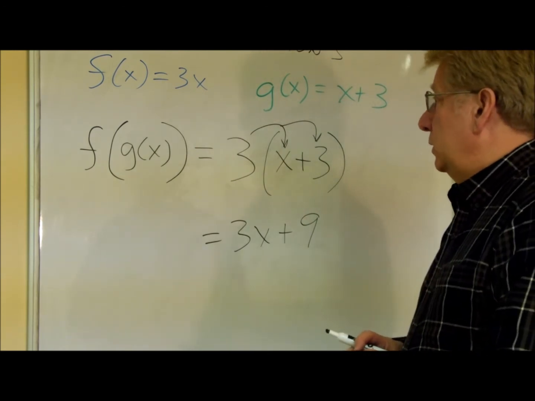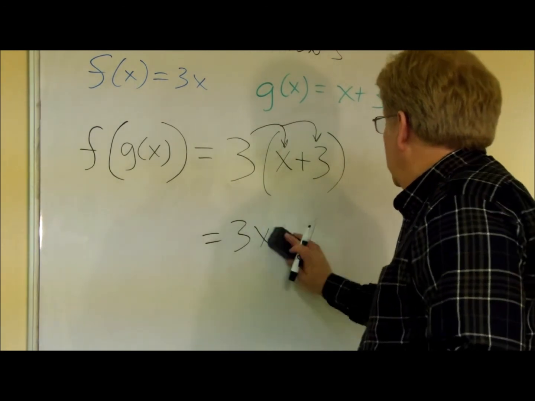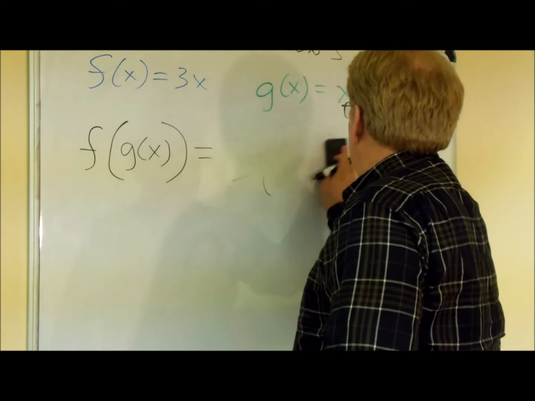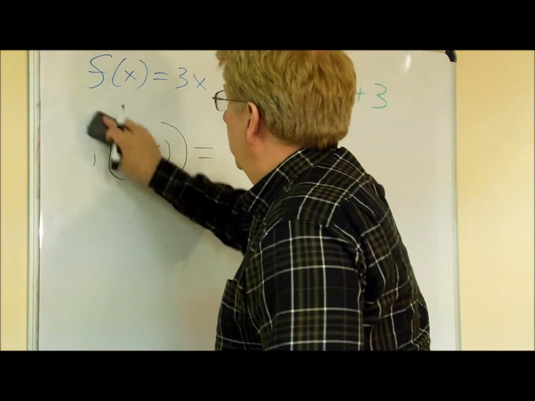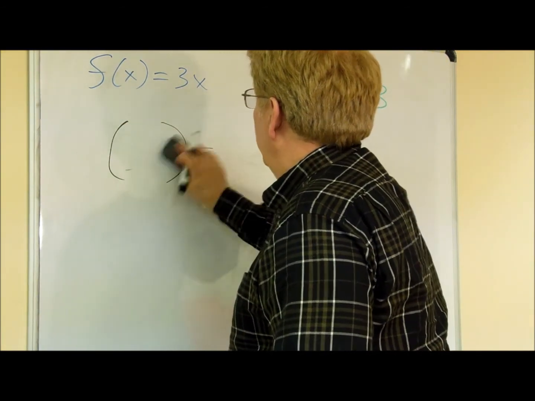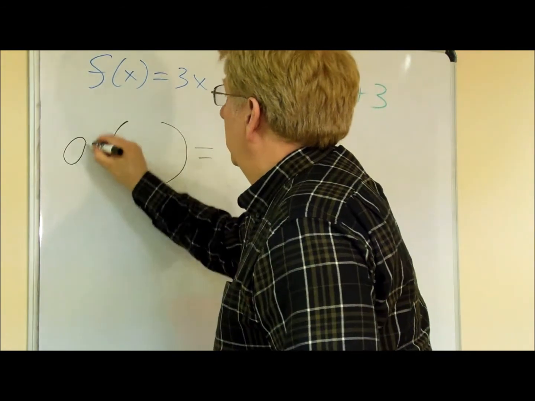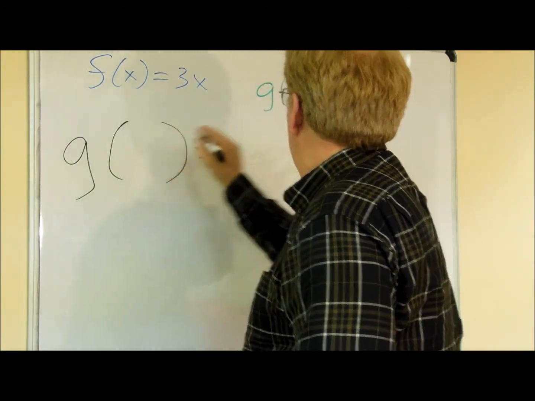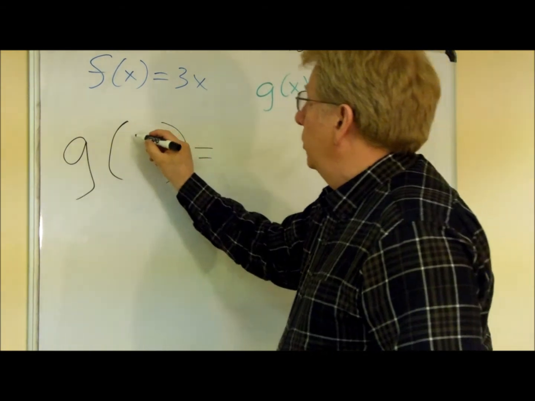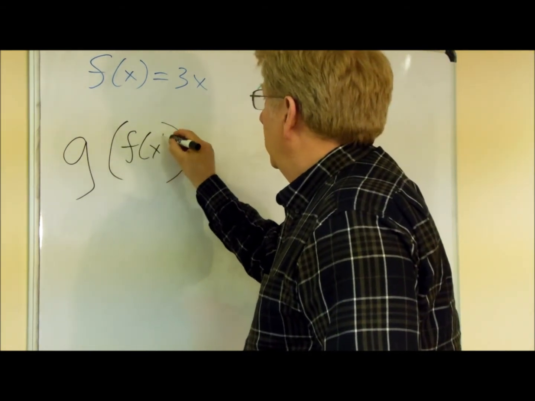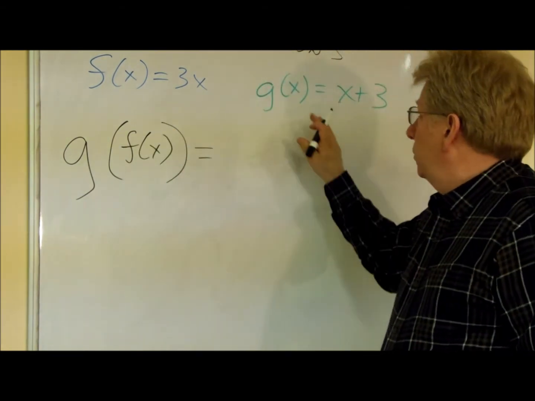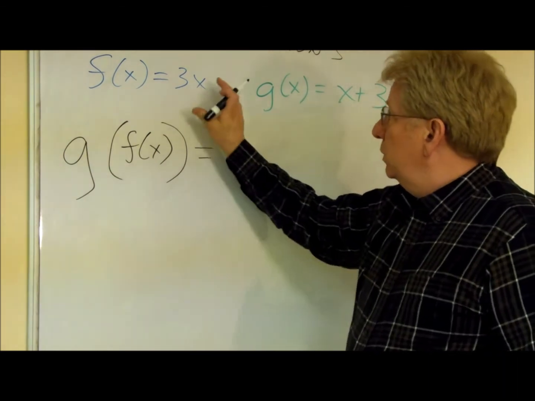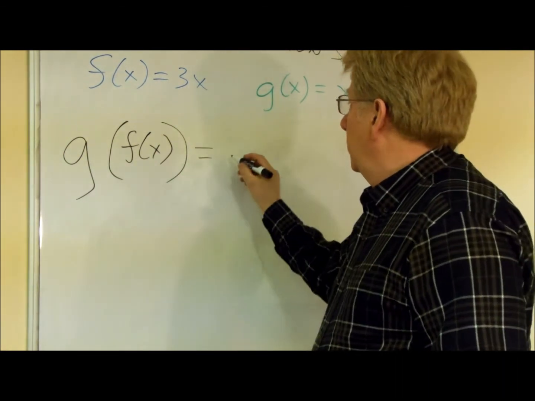What else can we do with this? Well, let's do it in reverse. Let's say g of f of x. So where we would have g of x, we'd put g of f of x. So we're substituting for this x, we're substituting the f of x.